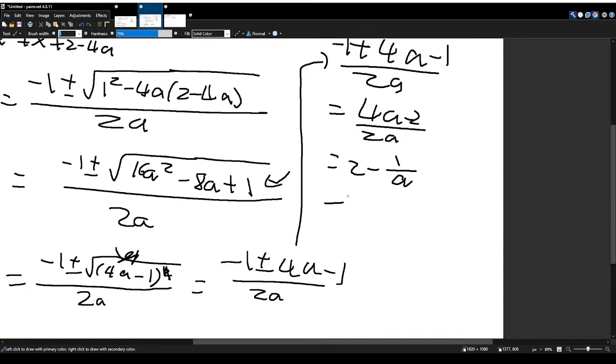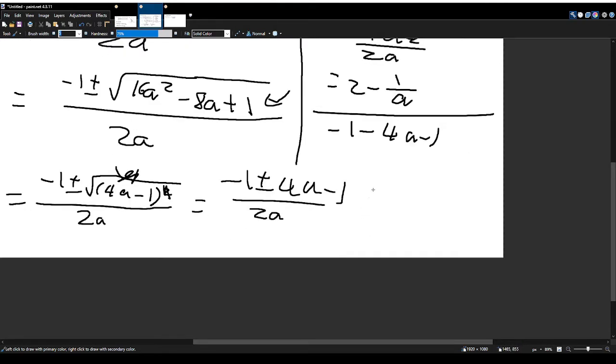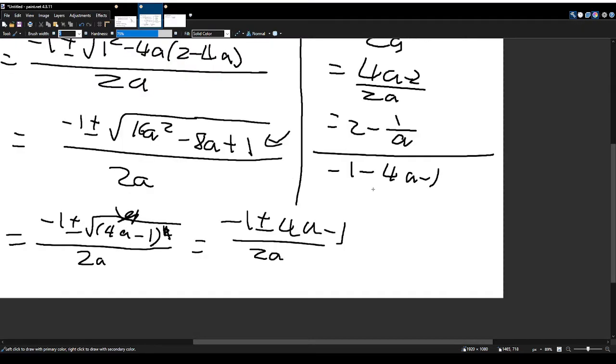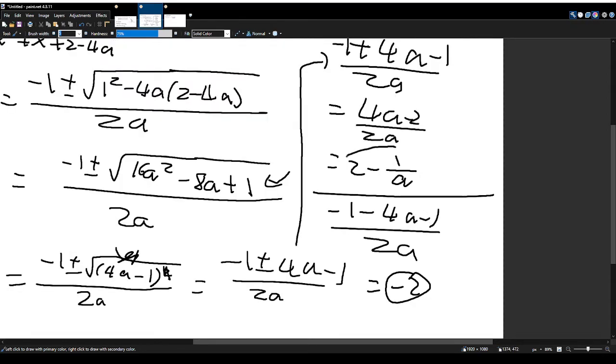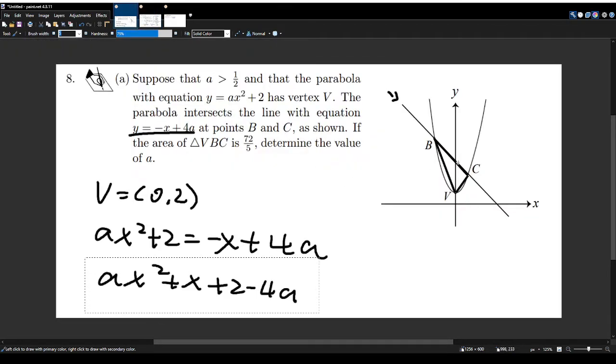And then I have negative 1 minus (4a minus 1) over 2a, and you get negative 2. Okay, so this is your first x coordinate, this is your second x coordinate.